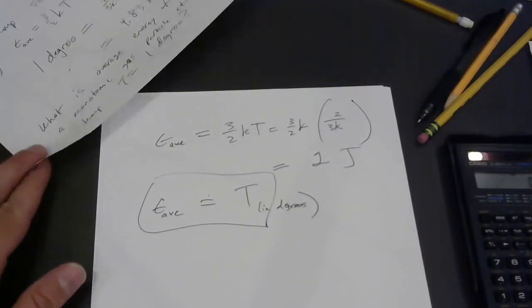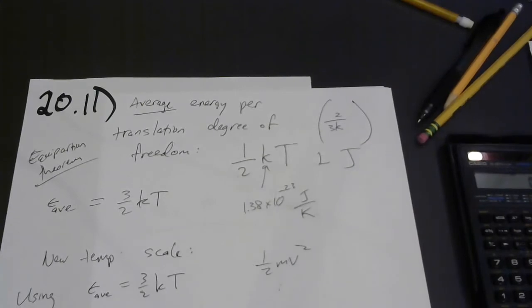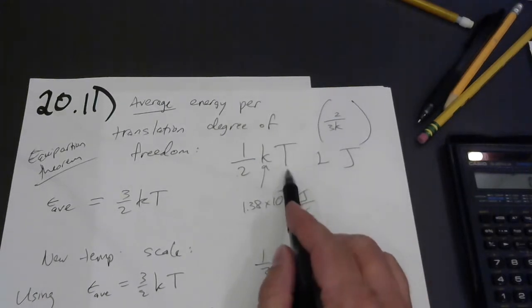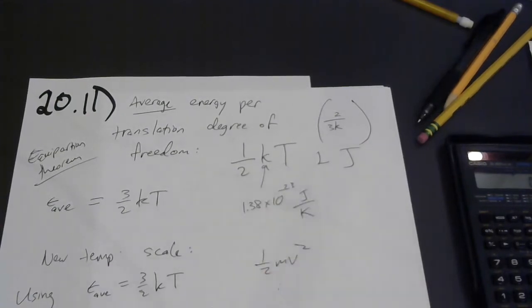So I'm just trying to emphasize, don't be bogged down by the 1/2 K. It seems like all this extra junk to memorize. It's just an artifact of our system of units, because we like to use the Kelvin scale to measure temperature, and we like to use joules for energy. You could keep the Kelvin scale if you wanted, but then choose a different unit of energy and still make this equation look simpler.